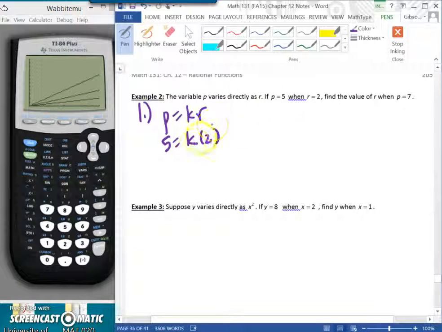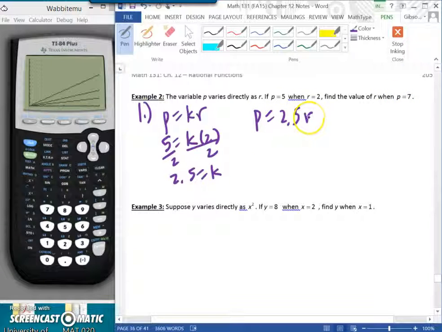So we're basically solving for k. We'll divide each side by 2, and we'll know that 2.5 is equal to k. So now, our new formula would be p is equal to 2.5 times r. Now they tell us that p is equal to 7.